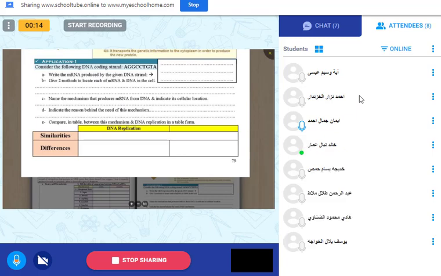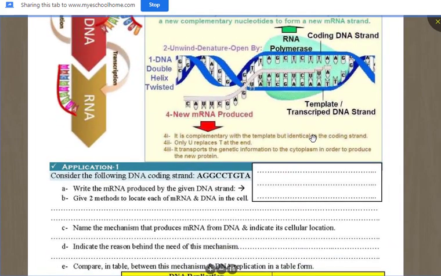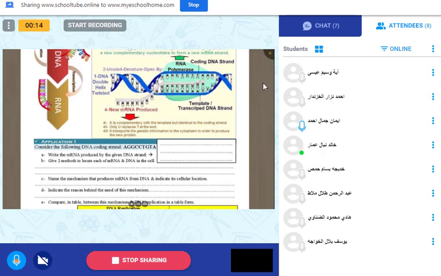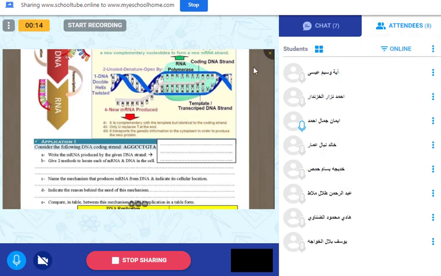Copied. Wait, look up in the figure. When I say coding, is it the one copied or the one that is similar to messenger RNA? Similar to the messenger RNA. Yes, the one that is similar.